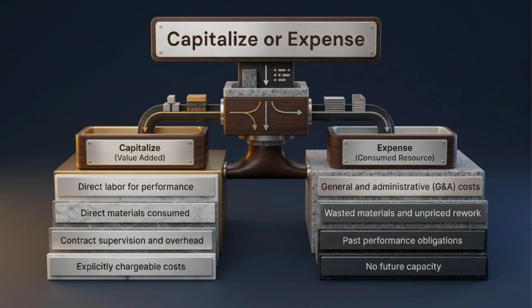Wasted materials, unpriced rework, costs related to past performance, and costs that do not enhance future performance capacity are also expensed. If a cost has both capitalizable and expensable components, management must allocate the amount reasonably and document the method.